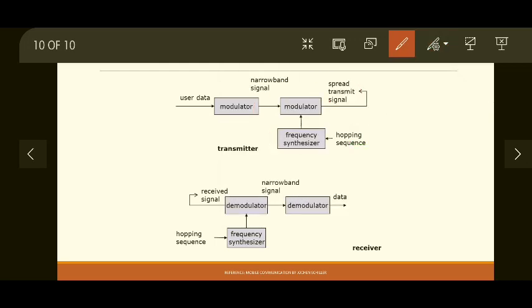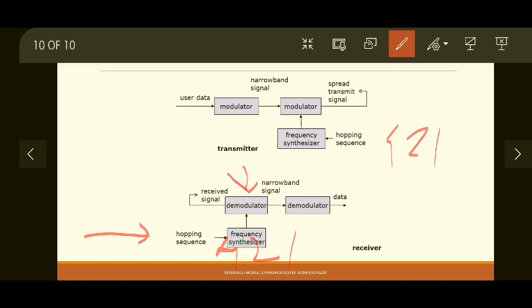The receiver is exactly the reverse procedure of the transmission, where the received signal, which is the spread one, is demodulated using the same hopping sequence and the same frequency synthesizer. The pattern followed here, if it was 4, 2, 1, the same pattern is used here, that is 4, 2 and 1. The hopping sequence will remain the same. So despreading will happen here.